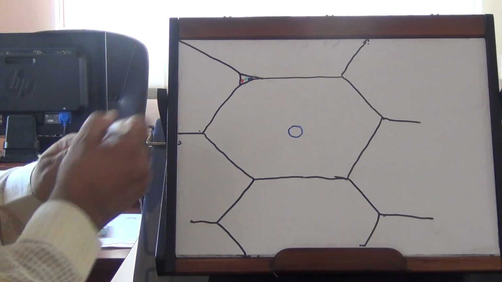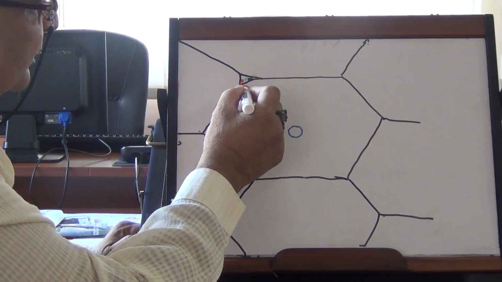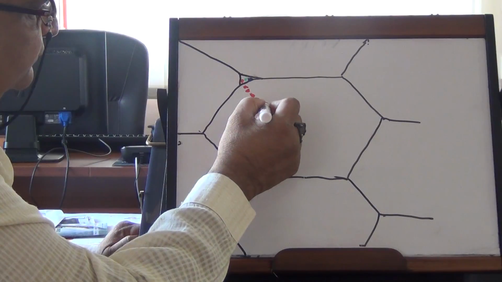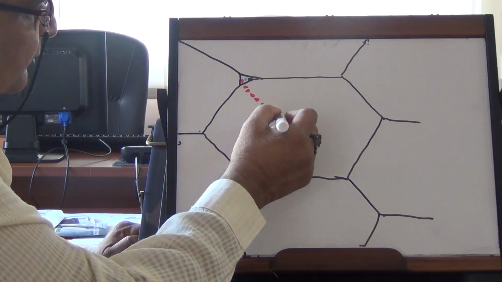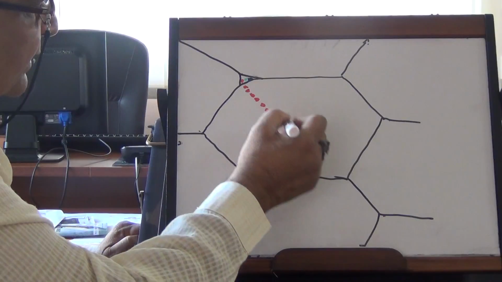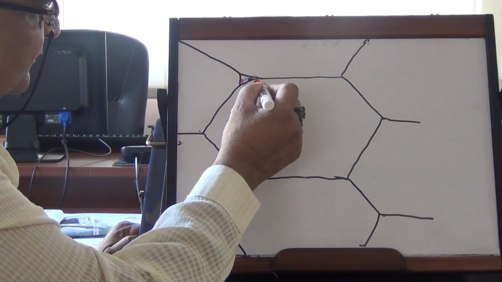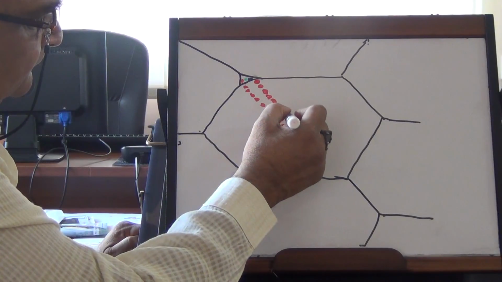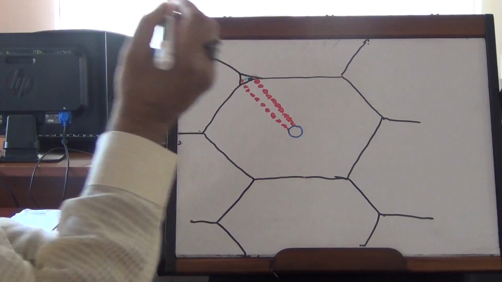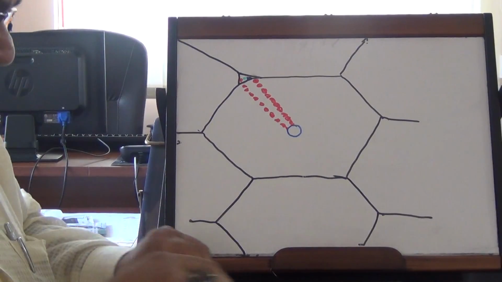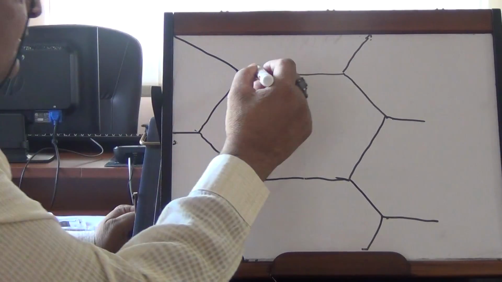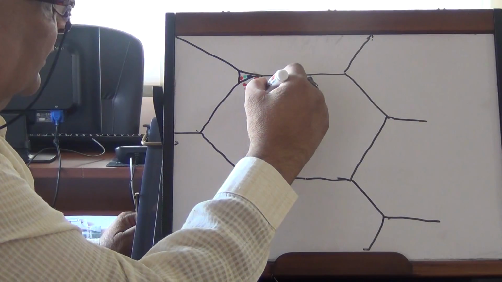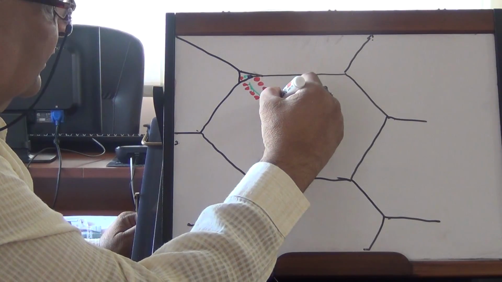From this to the hepatic vein, there run basically two layers of liver cells. And in the center, these cells give rise to what is called as the biliary canaliculi.